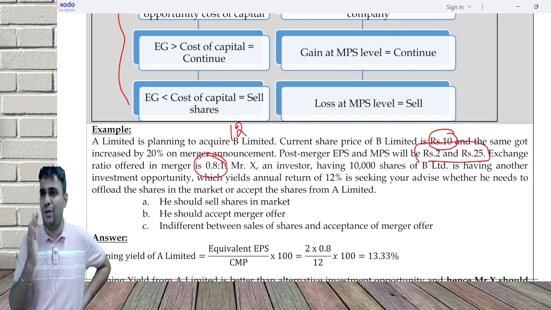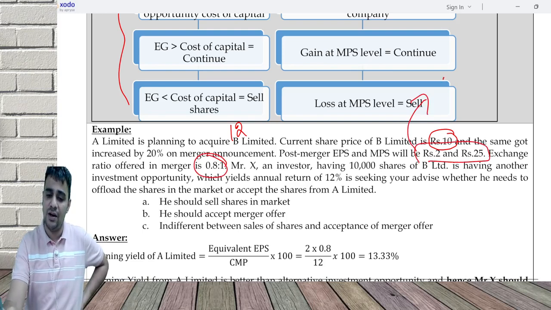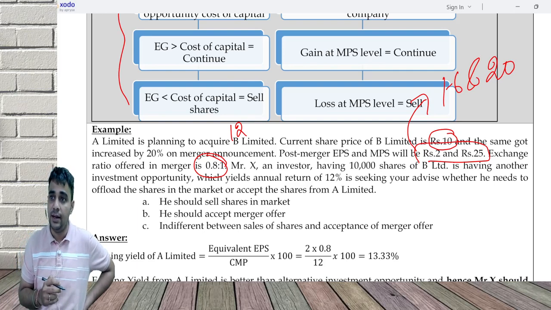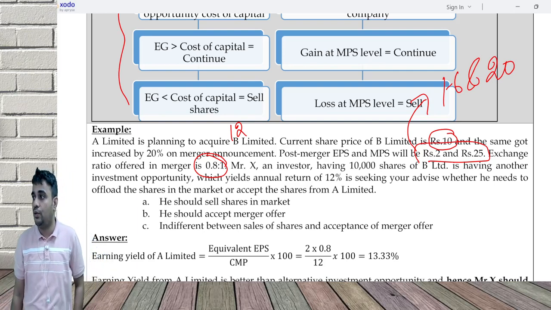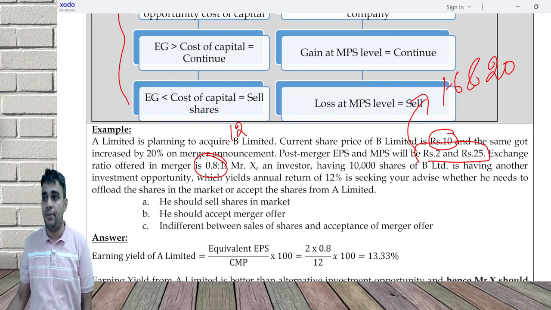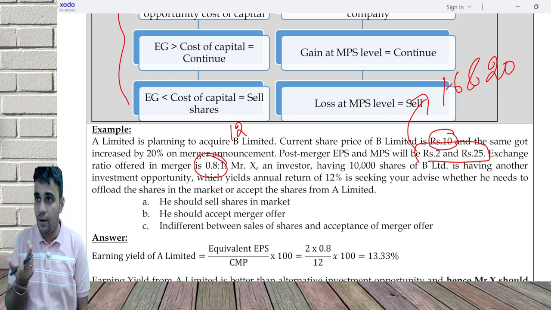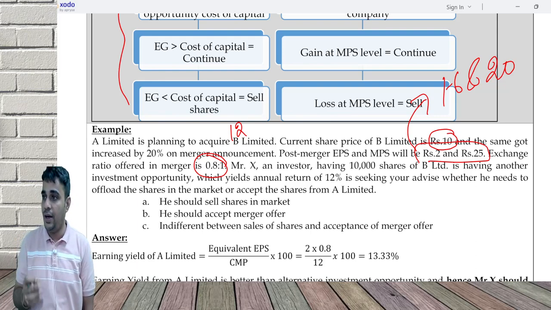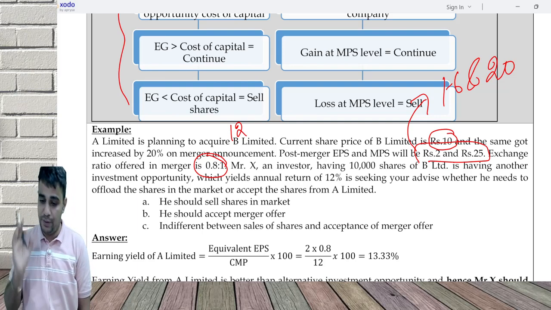I am not going to get 2 and 25; what I am going to get is the equivalent, 1.6 and 20. What is equivalent? 2 into 0.8 and 25 into 0.8. So I'll be getting 1 rupee 60 paise and an equivalent MPS of 20.